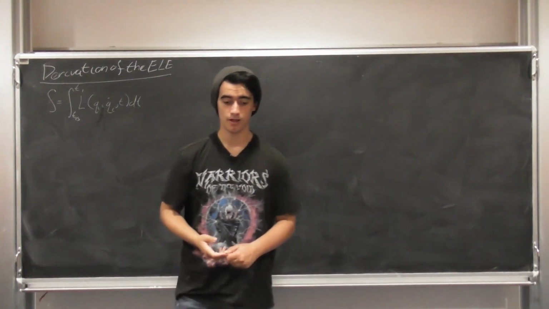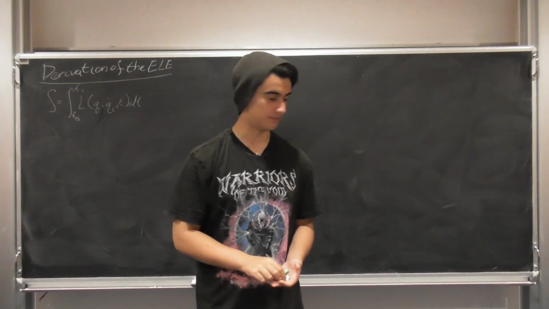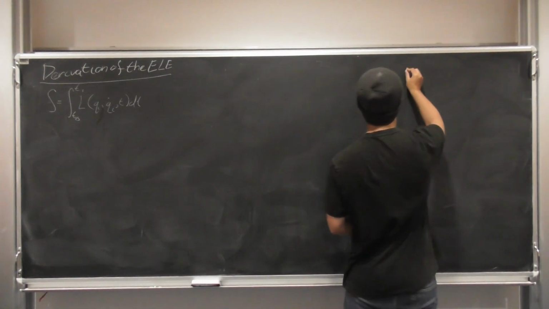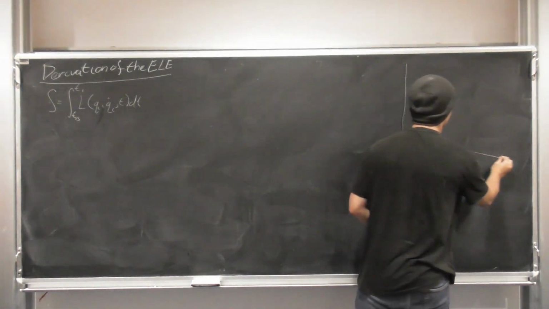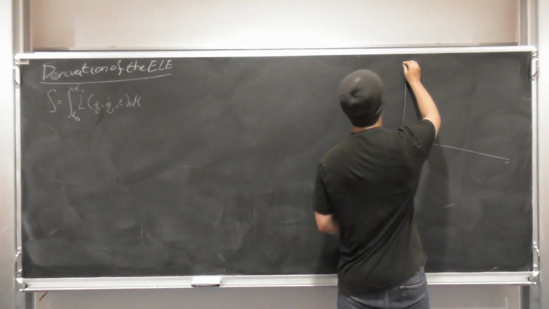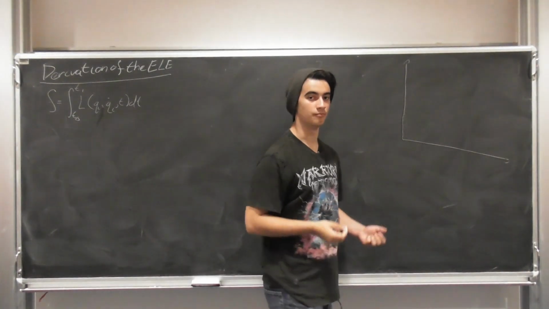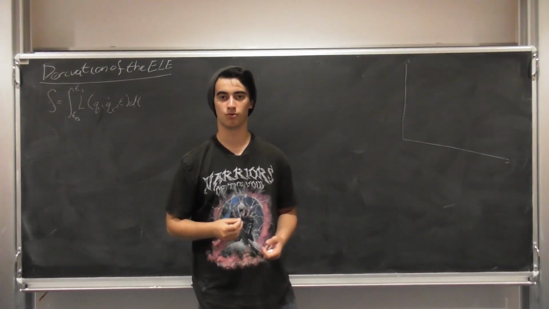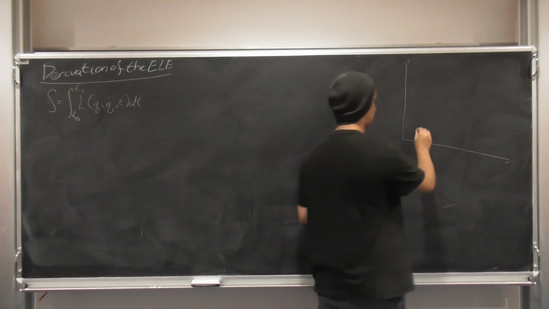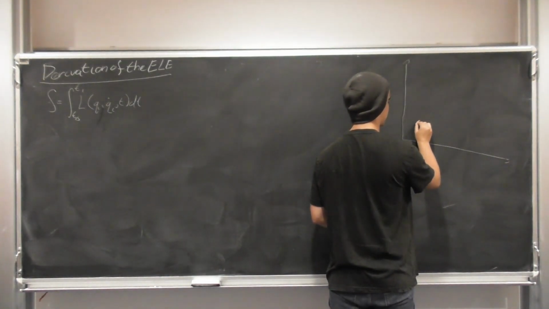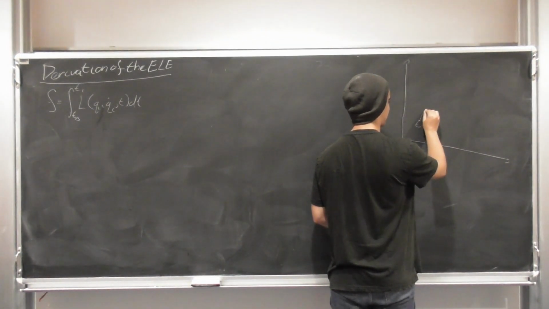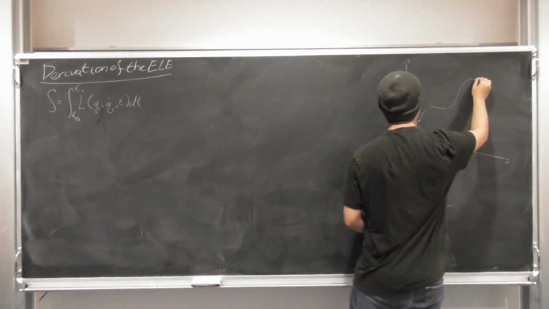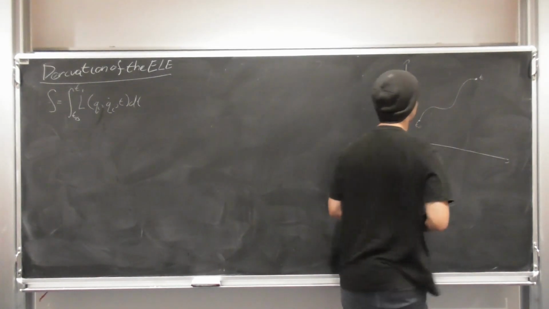Alright, so the idea is if we have, let's say, some space here, and our particle will map out a trajectory or an orbit from here, which it will be at t naught, and it will take some path that minimizes the action until it reaches t1.